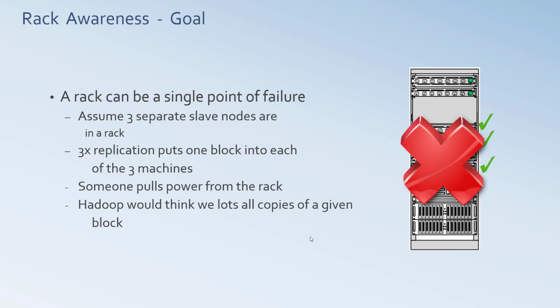Hadoop would think we lost all copies of that block. We didn't experience data loss, but we did experience a big inconvenience in that we can't recreate the file and we can't run any processing on that.